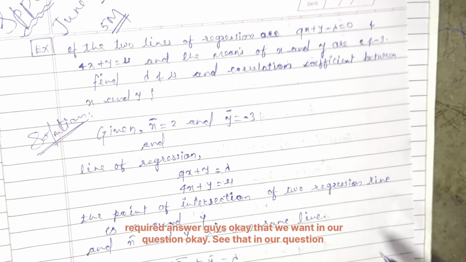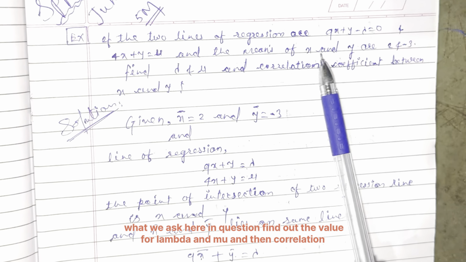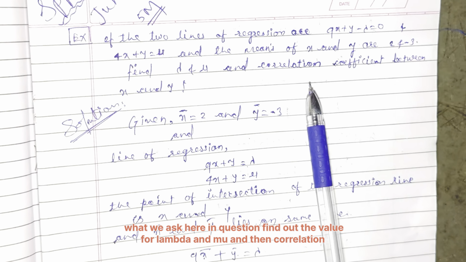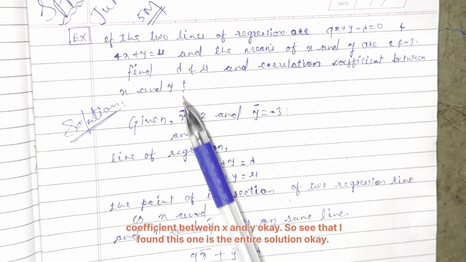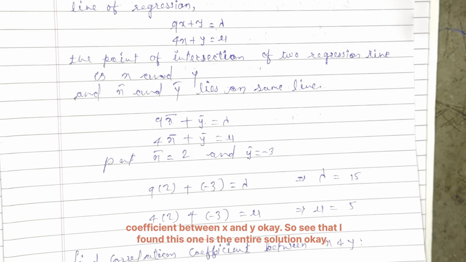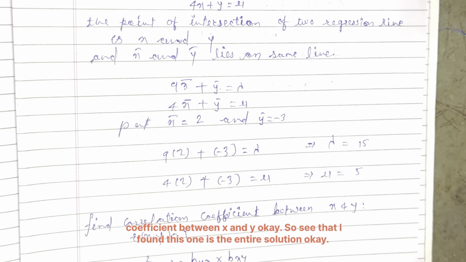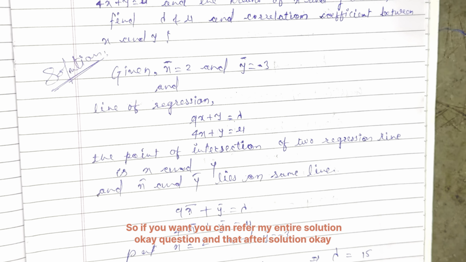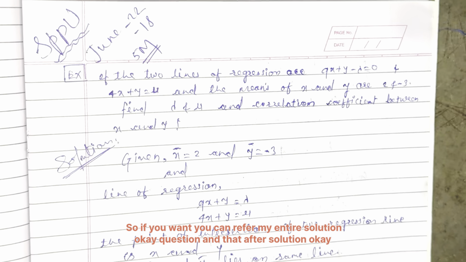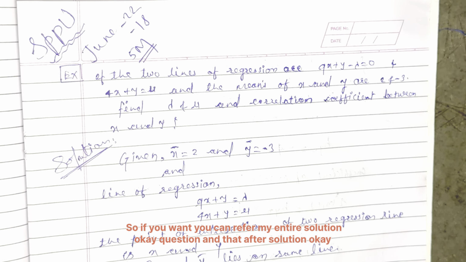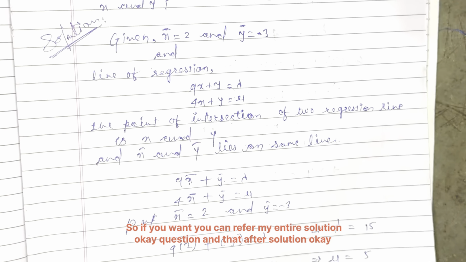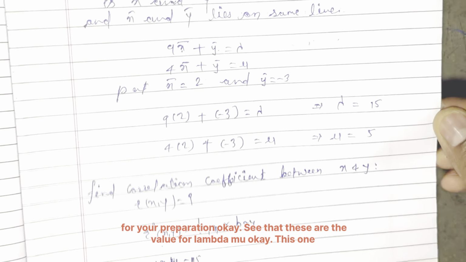In our question we are asked to find the value for lambda and mu, and then the correlation coefficient between x and y. This is the entire solution. If you want, you can refer to my entire solution, the question and thereafter the solution, for your preparation.